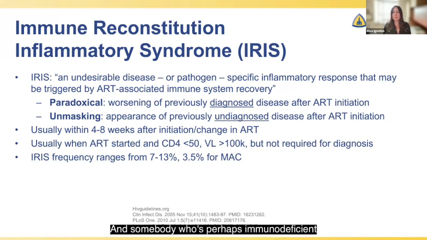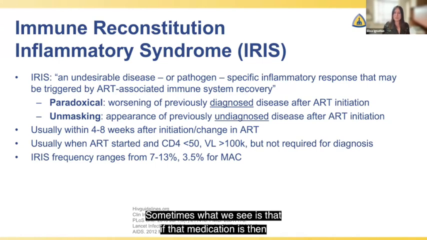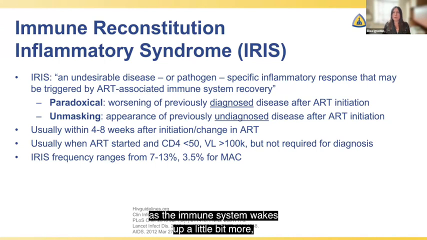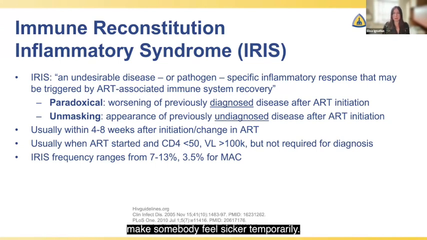In somebody who's perhaps immunodeficient because of being on a medication, sometimes what we see is that if that medication is then stopped or the dose is reduced to help the person fight off the infection, as the immune system wakes up a little bit more, it can again attack that pathogen very aggressively. And sometimes that aggressive attack against the infecting organism can make somebody feel sicker temporarily.